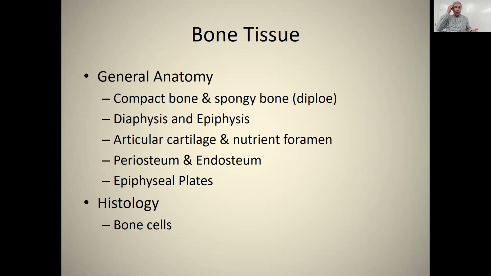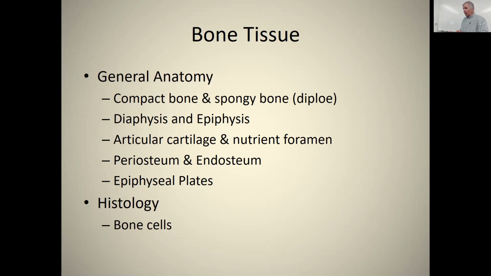Now some joints have fiber between, some have cartilage between, but all of the freely movable joints that we usually think of as joints have bones lined with cartilage. The nutrient foramen allows blood vessels to go into bone and provide blood for bone and nutrients and oxygen and take away waste products.